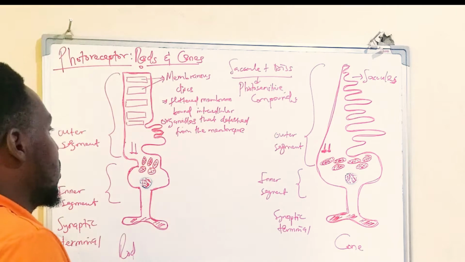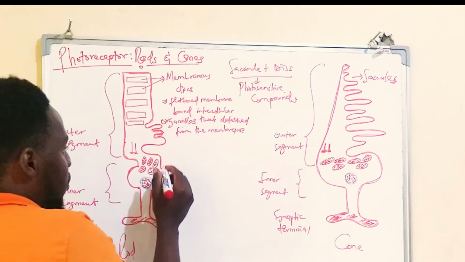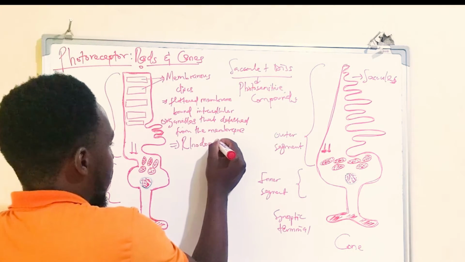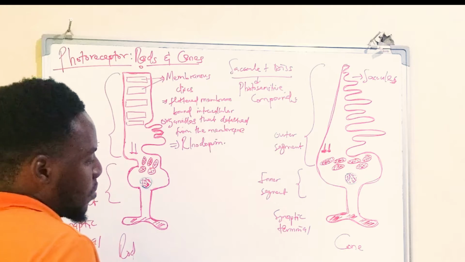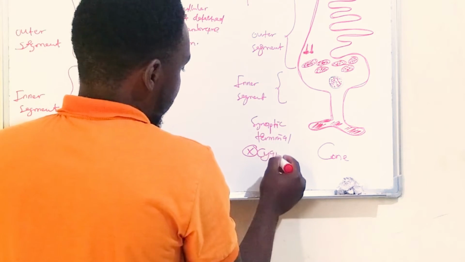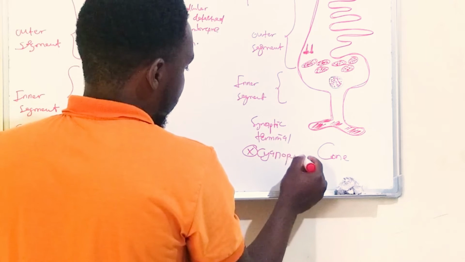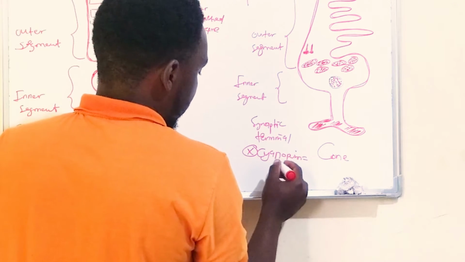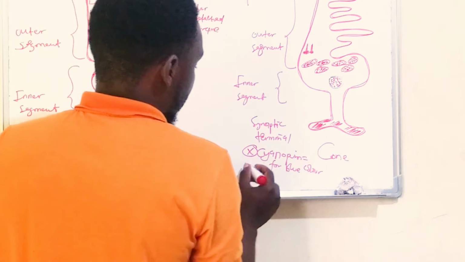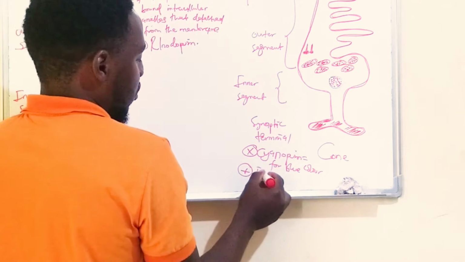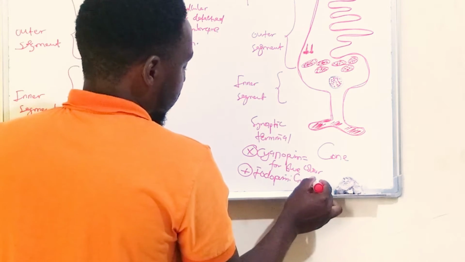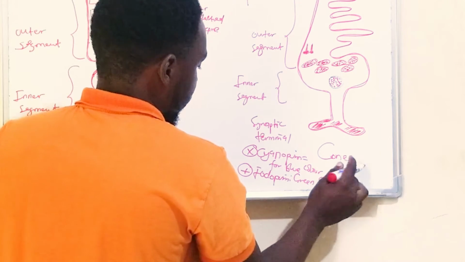The photosensitive compound in the rods is rhodopsin, while in the cones there are three. One, cyanopsin, for blue color. The second one, iodopsin, for green color.